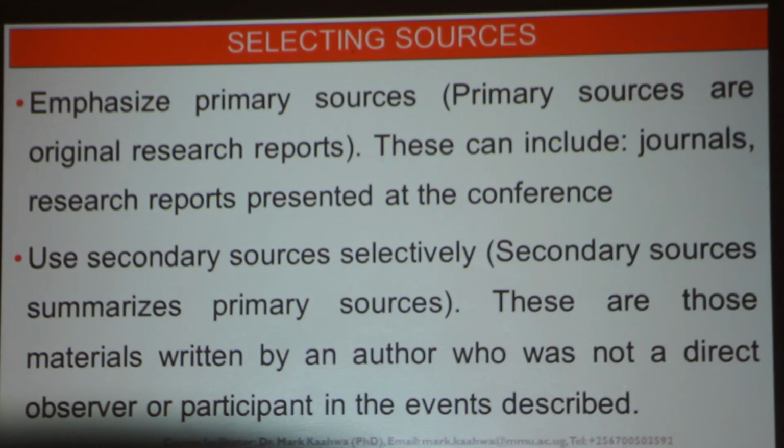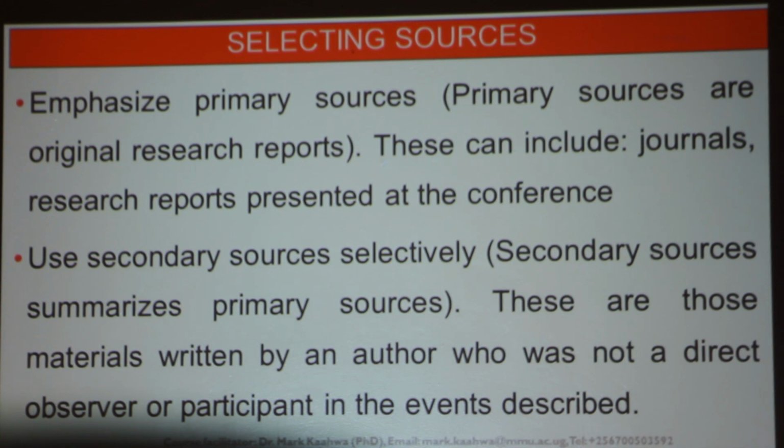So in selecting sources, we put emphasis on primary sources. Primary sources are original research reports, and these can include journals, research reports presented at a conference, and conference proceedings.